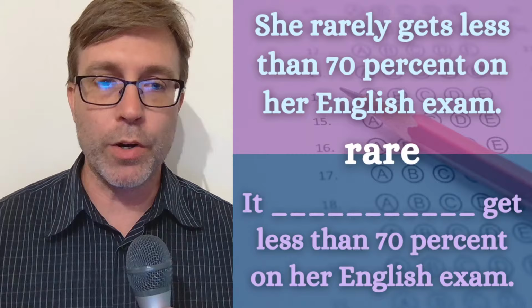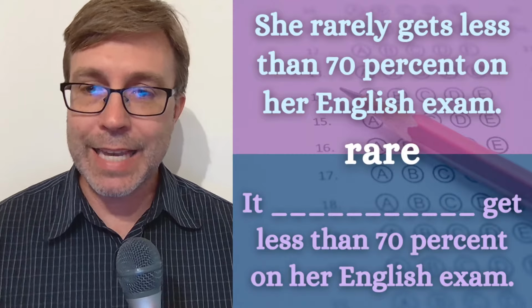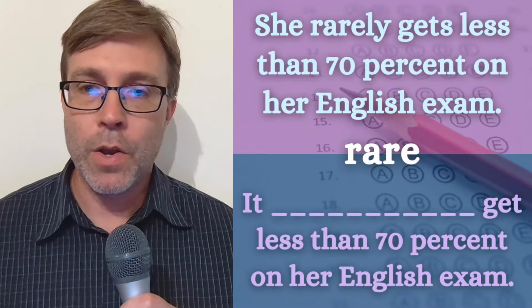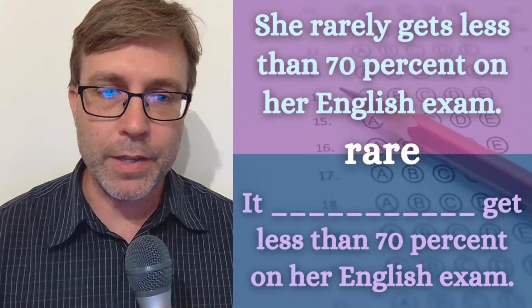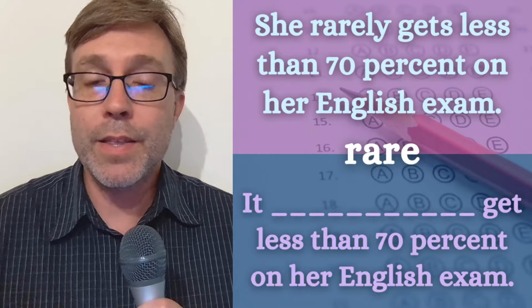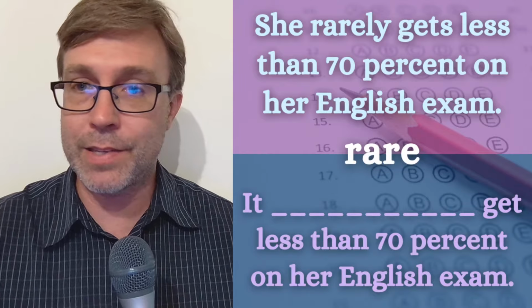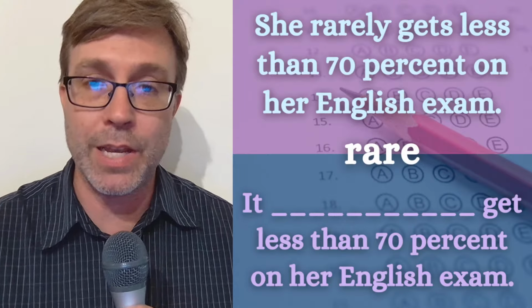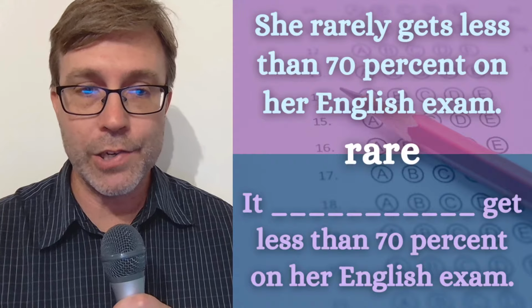There are several words missing: get less than 70% on her English exam. What would you fill in there? What are the missing words using the word rare that have the same meaning as the original sentence? She rarely gets less than 70% on her English exam.